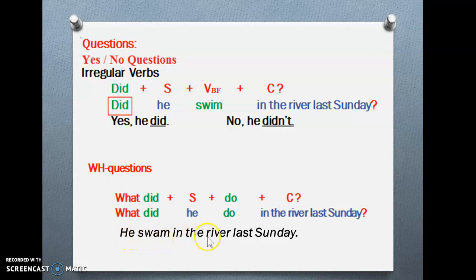He swam in the river last Sunday. As you can see, here we have the past of the verb swim, and we use it in the sentence. So we have to answer in a complete way because the characteristic of this question is that you have to give information.